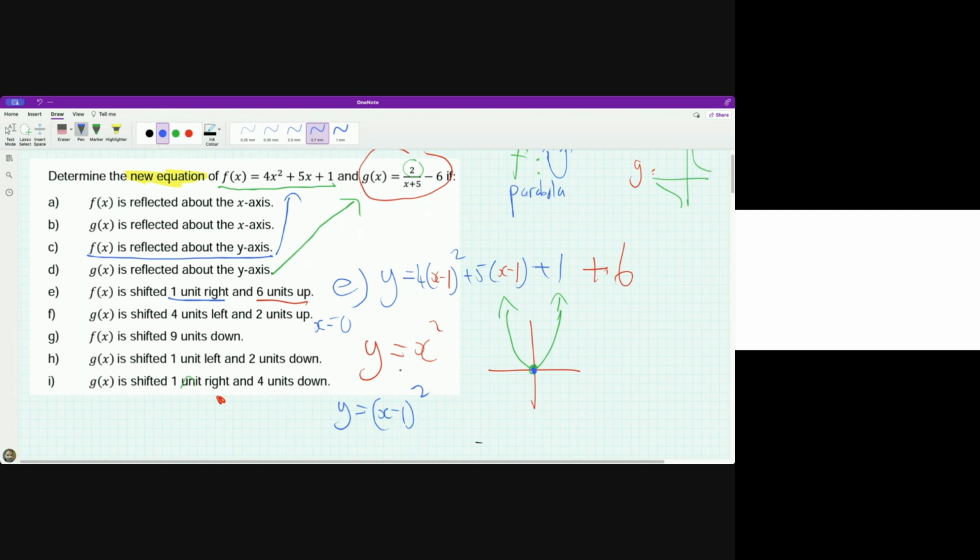How do you normally find the x-intercept? You make y 0. So what x value is going to make that 0? What does x need to be to make this equation work?